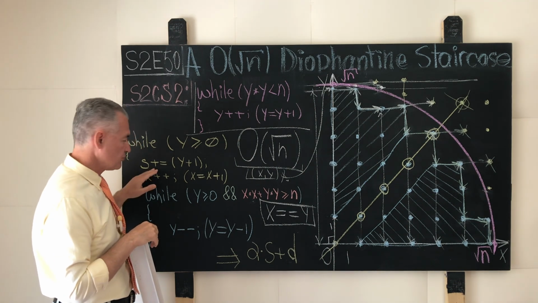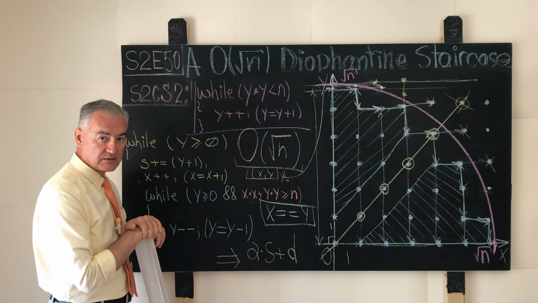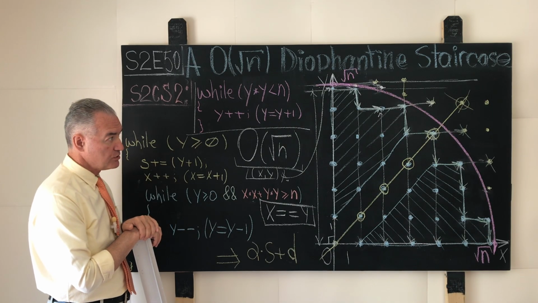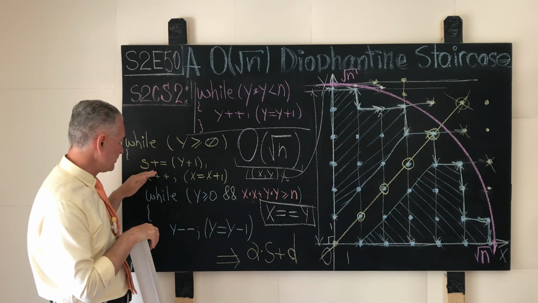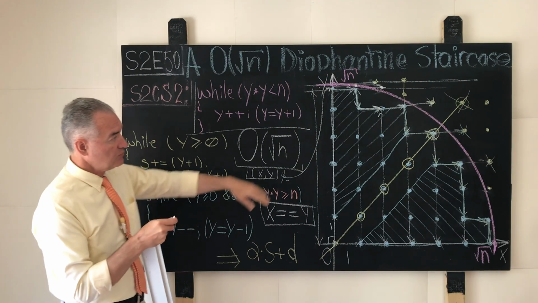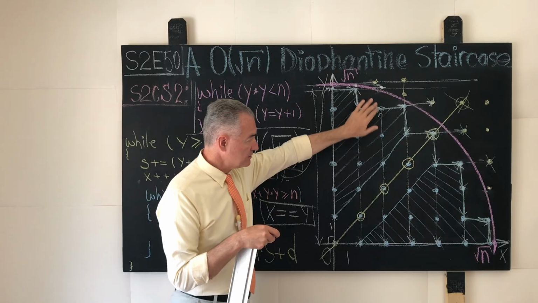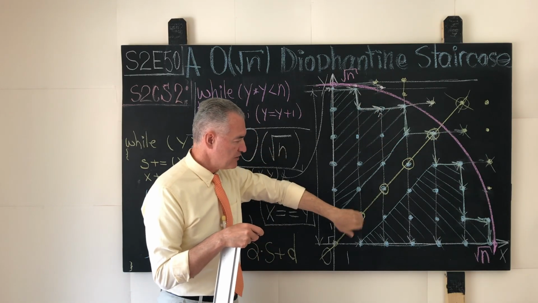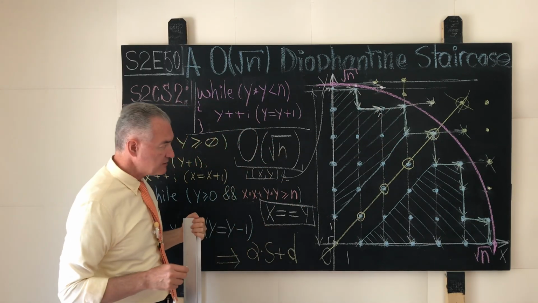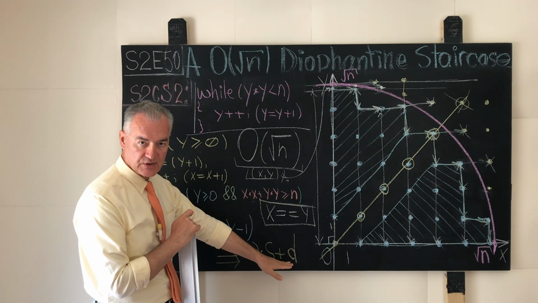And s, well, in the old algorithm, used to be the number of all the blue points from all the columns that we have visited so far. Here it will also preserve its meaning, but we will only count the points that are located above the diagonal.